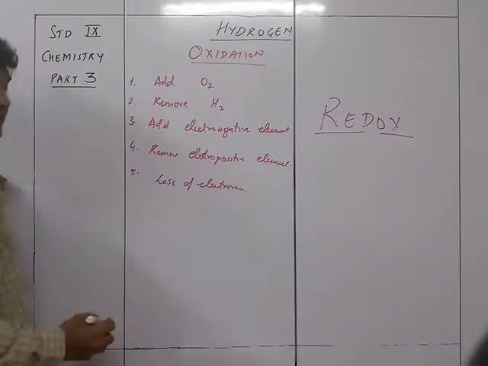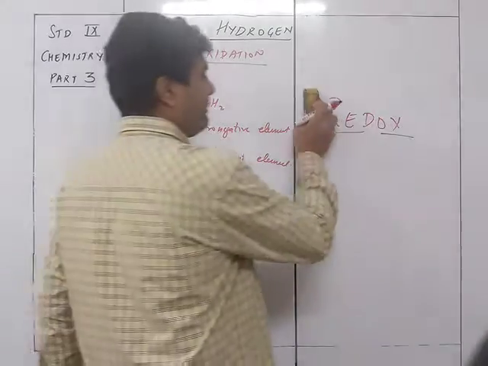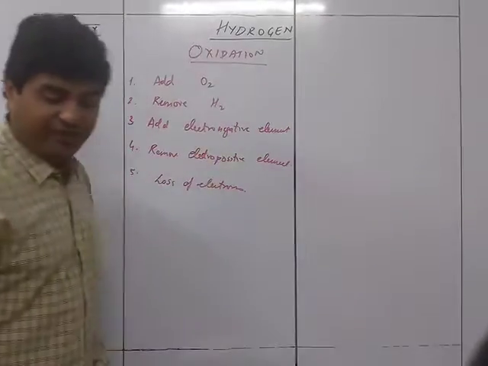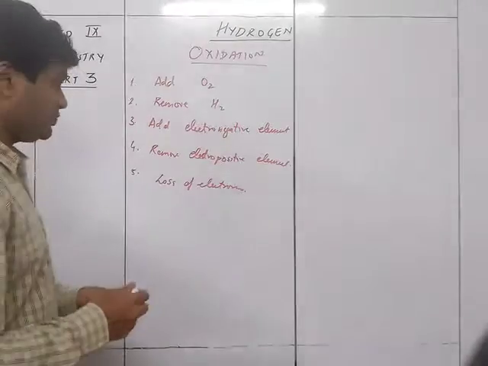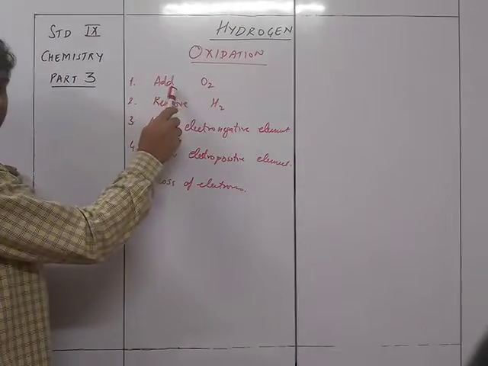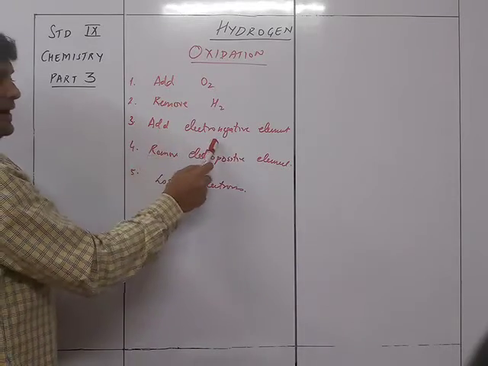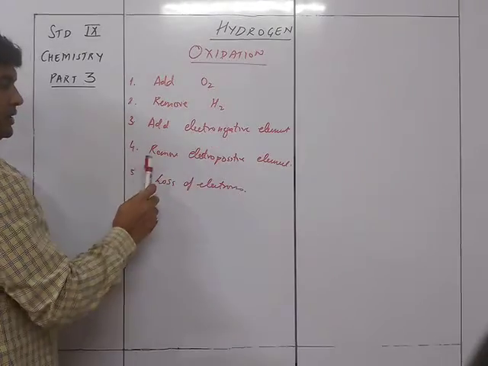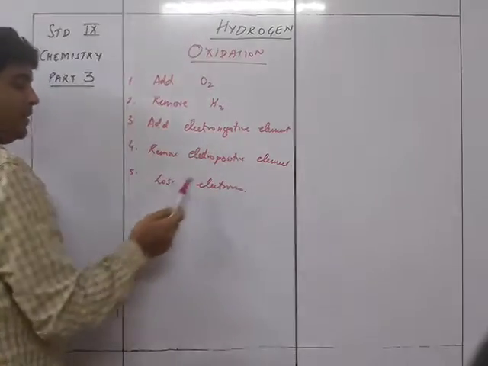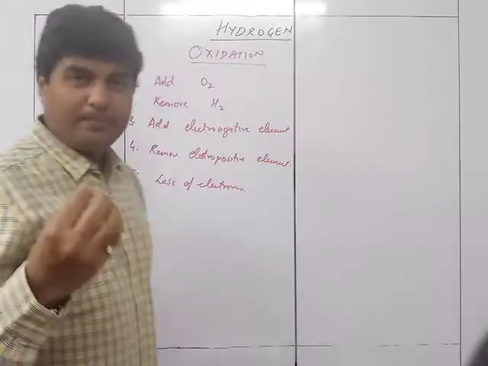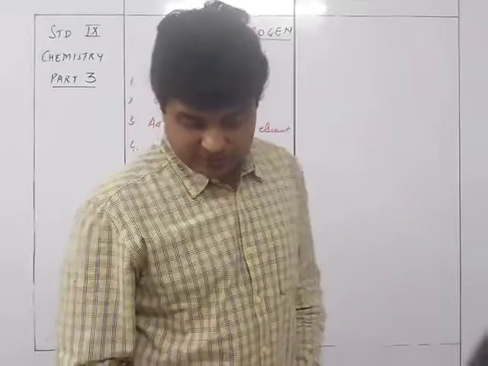So we can see that oxidation takes place in 5 different forms. First, addition of oxygen. Second, removal of hydrogen. Third, addition of electronegative element, fourth, removal of electropositive element, or fifth, loss of electrons. So let's see examples of these one by one.